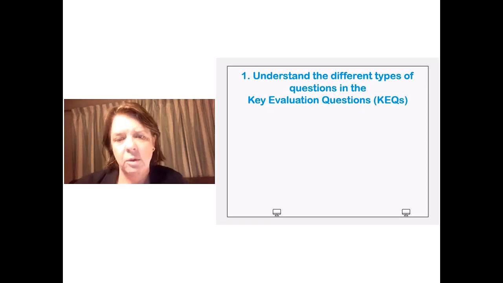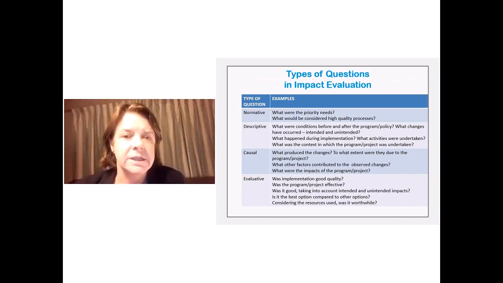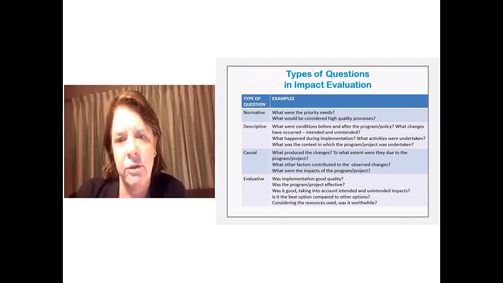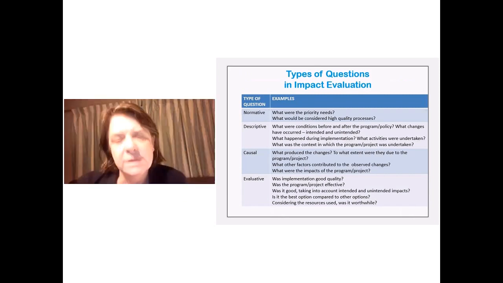So what I have found enormously helpful when thinking about methods for evaluation is to be really clear about the types of questions, and many organisations categorise different types of questions that sit behind your key evaluation questions. Sometimes different labels are used, but the concepts I think are critically important.